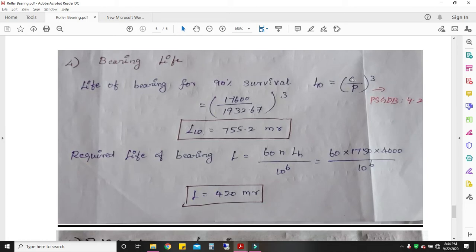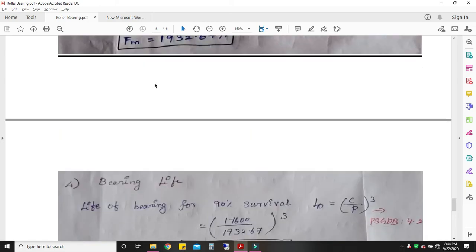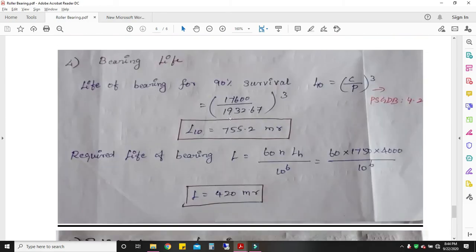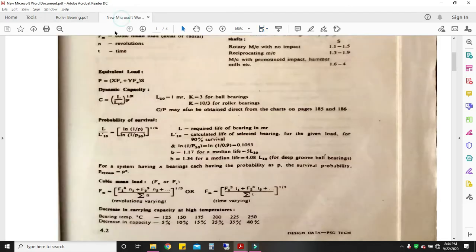C is the dynamic load carrying capacity, that is 17,600, and P is the cubic mean load, that is 1932.67. This power 3 is denoted by a notation like b in the Design Data Book, or a notation like K. So for a ball bearing the value of K will be 3.